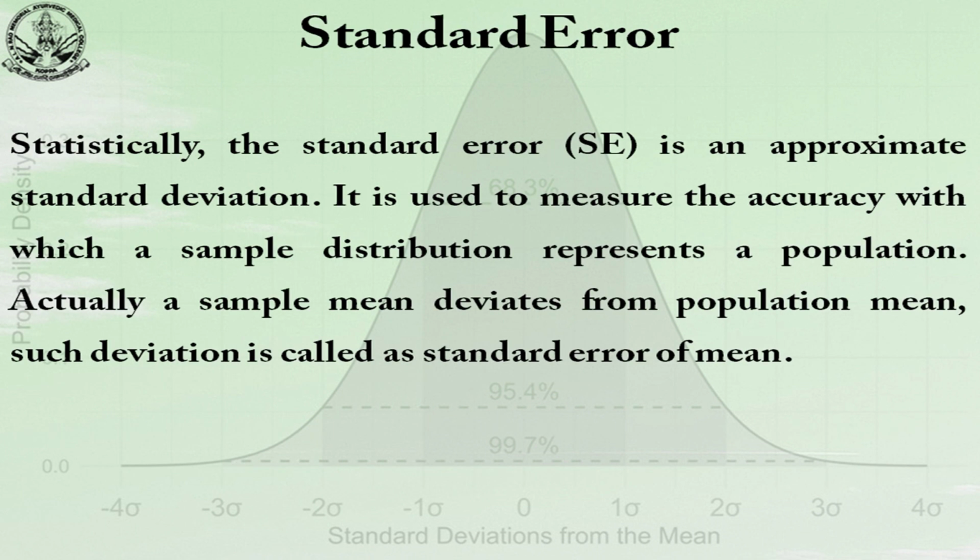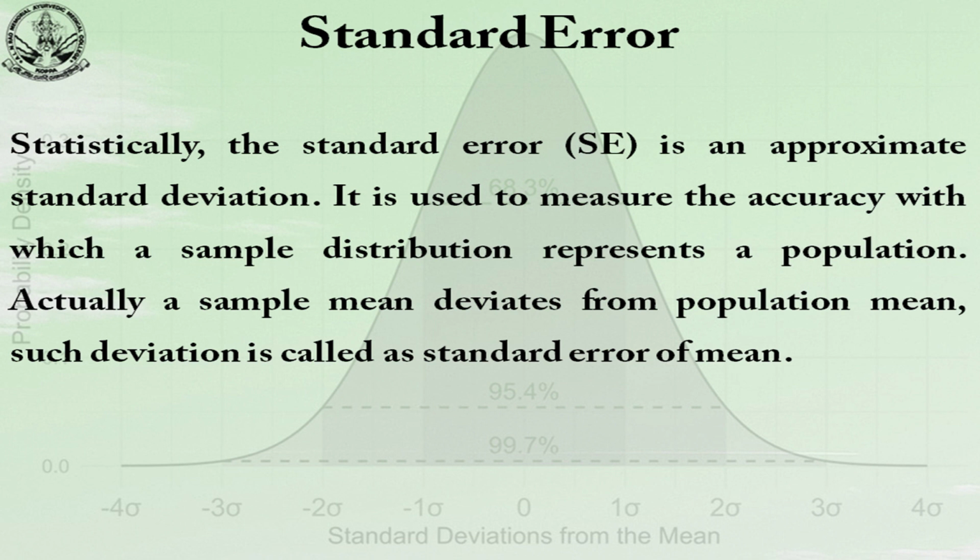Another point which is used for statistical inference is the standard error. Statistically, the standard error is an approximate standard deviation. Standard deviation we have discussed in measures of dispersion, in another video. It is used to measure the accuracy with which a sample distribution represents a population. Actually, a sample mean deviates from the population mean.